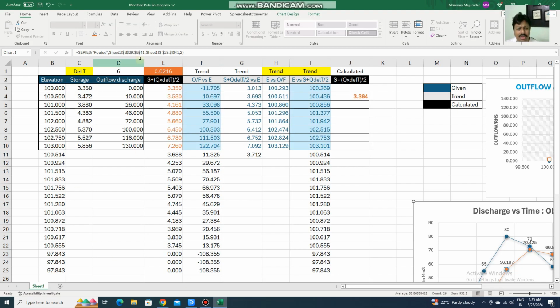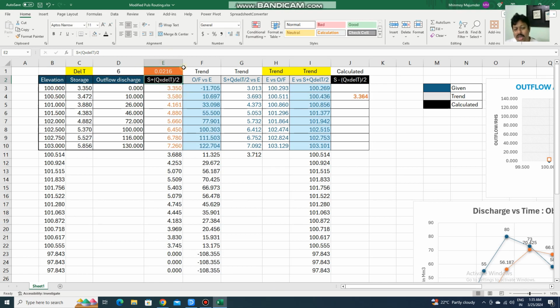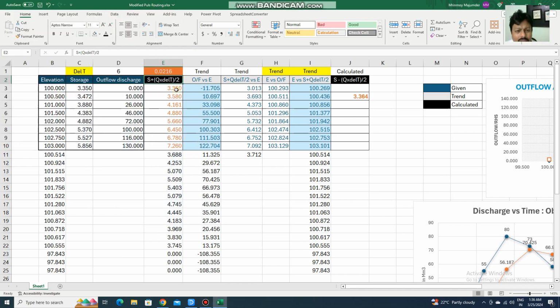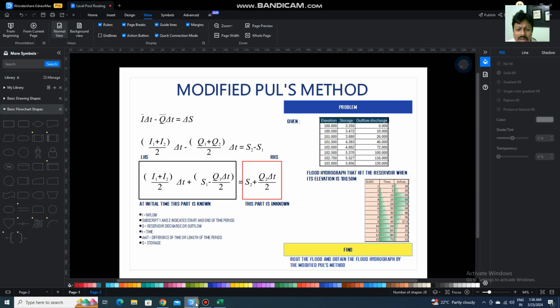and the solution is given like this, where you see this elevation, storage, discharge is used to find S plus Q del T by 2. This is the unknown part. This is the LHS part.